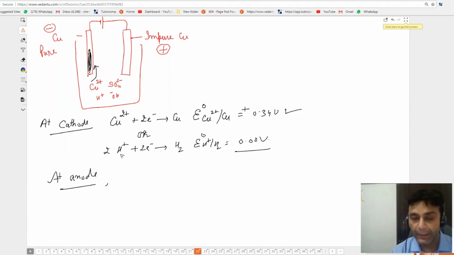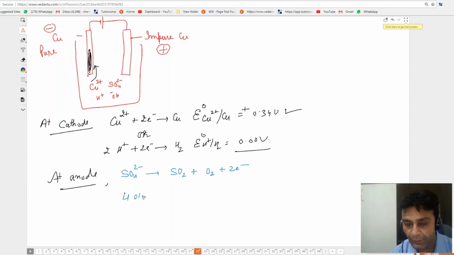At the anode, one possibility is that the sulfate ion may undergo oxidation. It forms sulfur dioxide, oxygen and 2 electrons. The second possibility is that the OH ion may lose electrons and form water, oxygen and electrons.